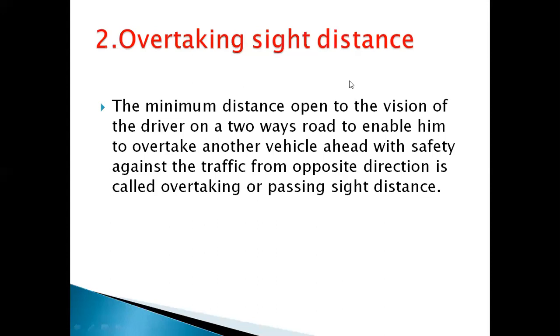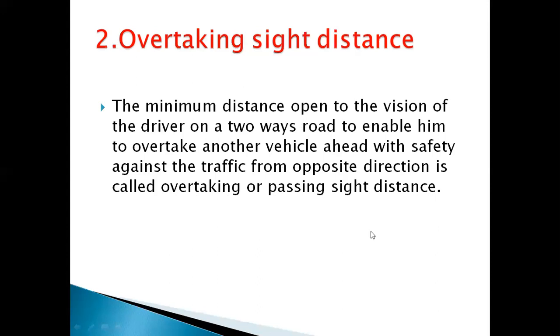Then the next type of sight distance is overtaking sight distance. Now see what is overtaking sight distance. The minimum distance open to the vision of the driver on a two-way road to enable him to overtake another vehicle ahead with safety against the traffic from the opposite direction is called overtaking or passing sight distance. That is the distance required while overtaking the vehicle.